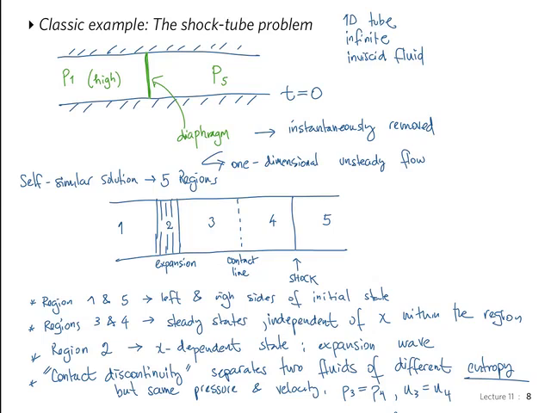So the next thing we're going to do is discretize the Euler equations with some of the schemes we know, and I'll show you what this is going to look like. This is going to be the next assignment, the shock tube problem.